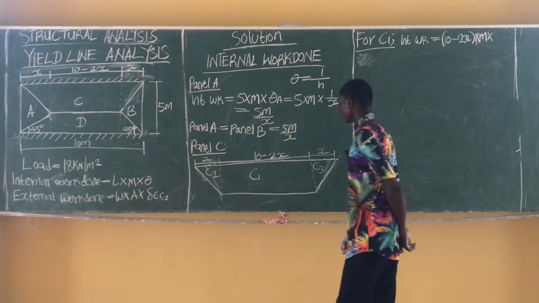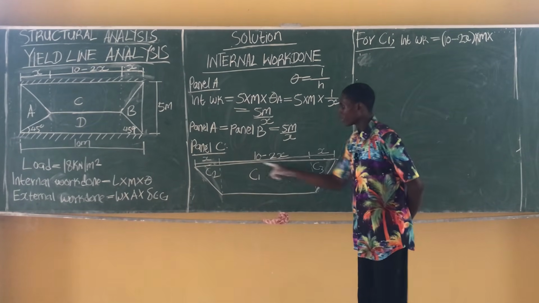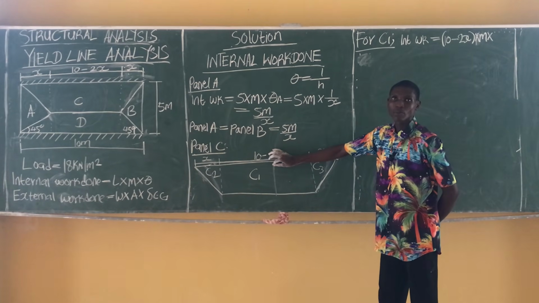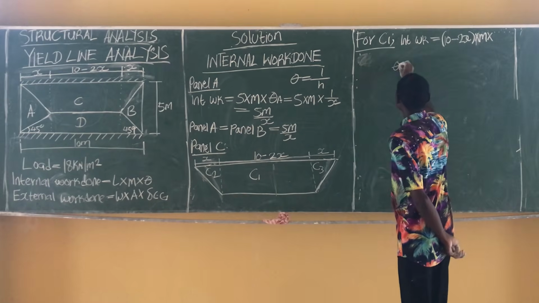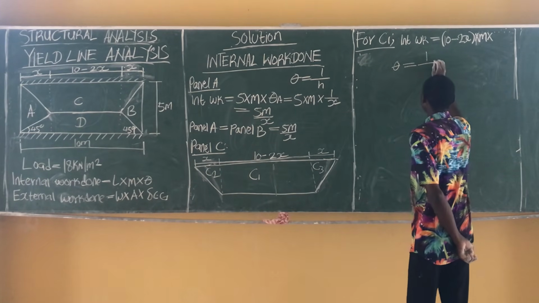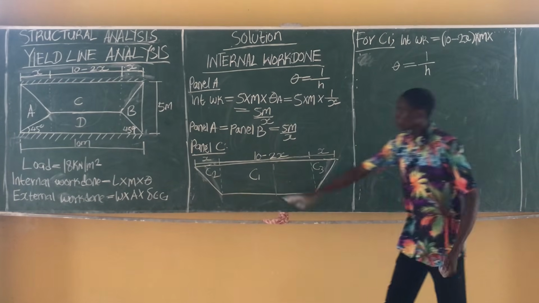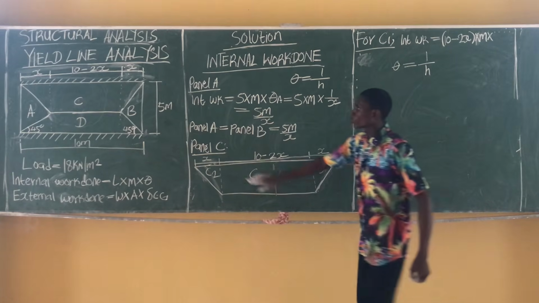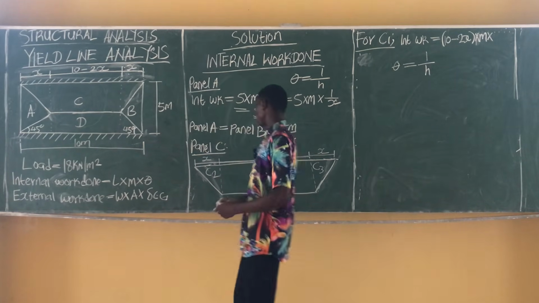Okay? So at this point, what's the perpendicular distance? It is simply this distance. We remember that our theta at every segment is simply 1, which is our deflection, all over the perpendicular height or distance. So this is the length, and this is the perpendicular distance, which is 2.5 meters, half of 5 meters.